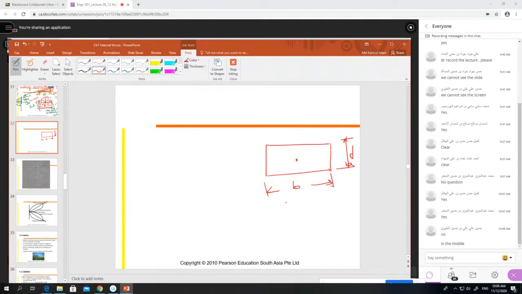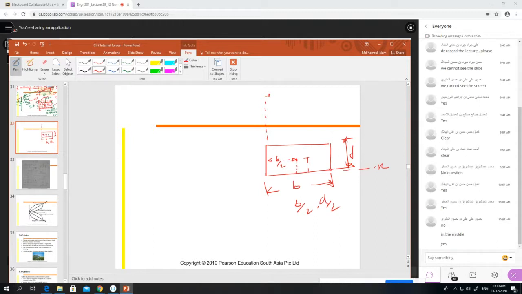Fine, the middle. That means if we take the y-axis here and the x-axis there, the center will be at b by 2 and d by 2. Is that correct? Yes, it is d by 2, right?